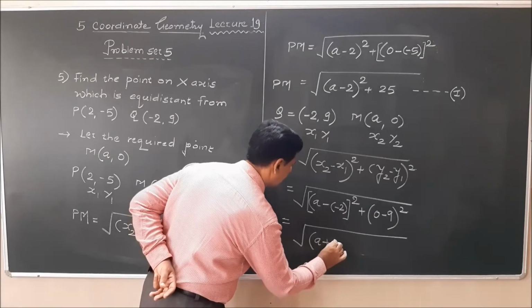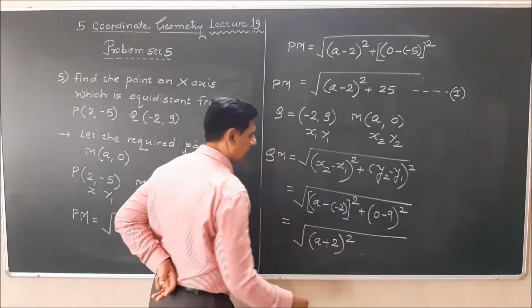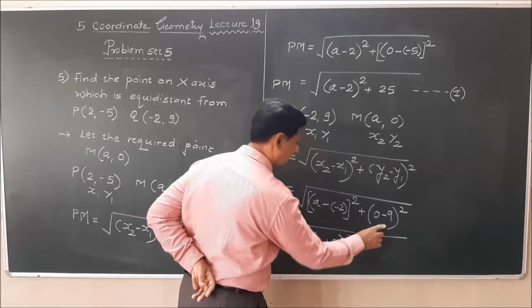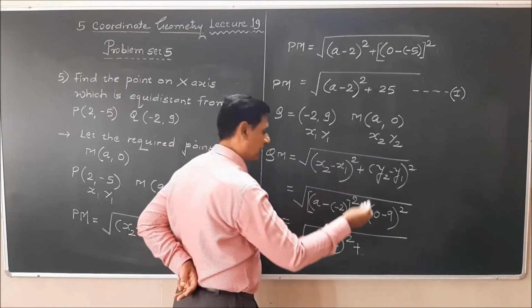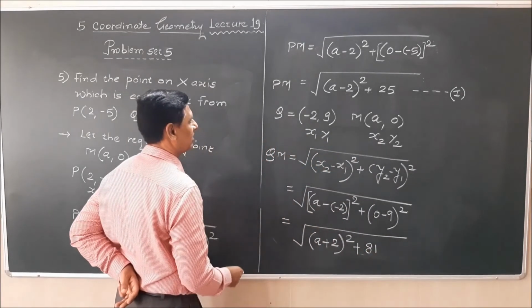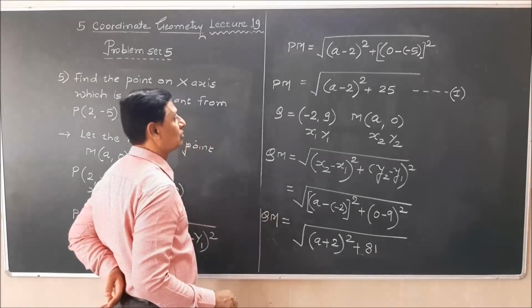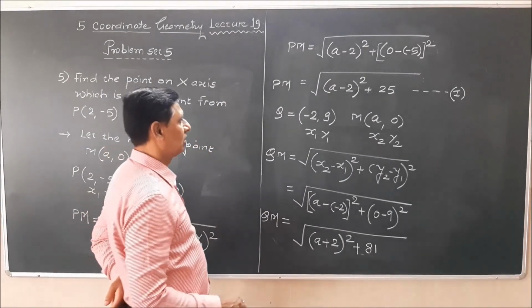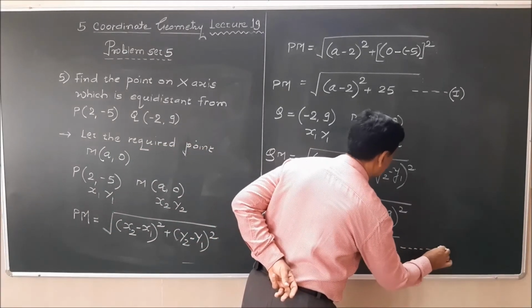So a plus 2 the whole square plus minus 9 square. Minus 9 square is plus 81. So you will find QN is equal to root of a plus 2 the whole square plus 81. Label it as 2.